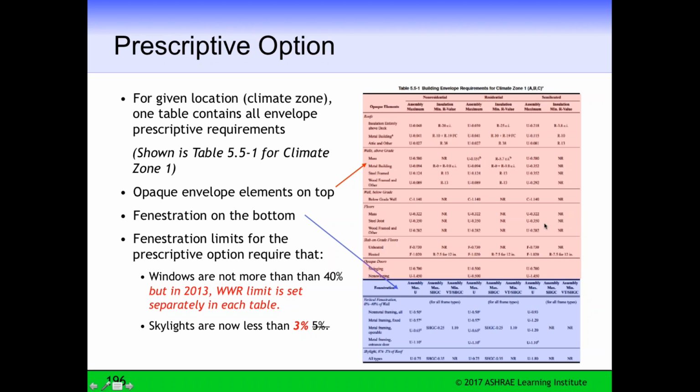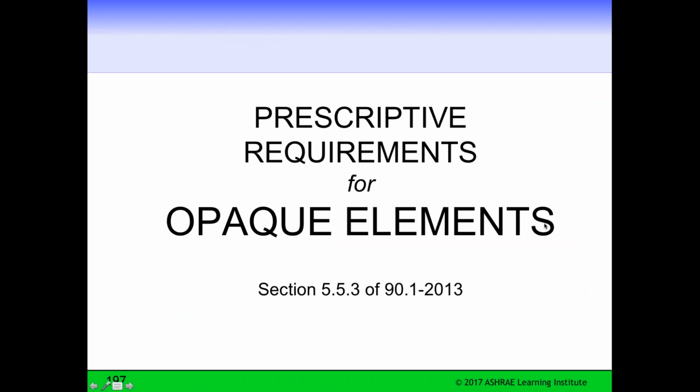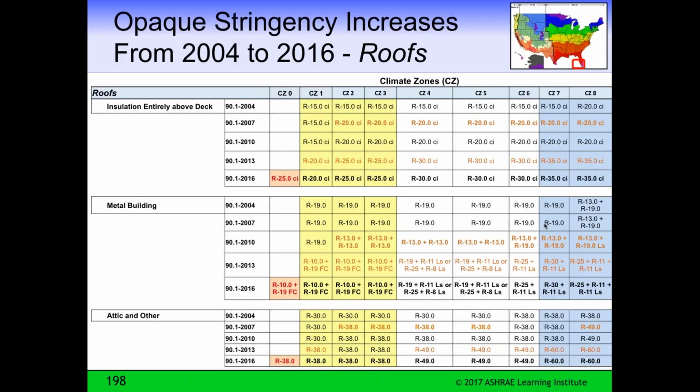So with that proviso, let's go on and look at prescriptive requirements for the opaque envelope. And you'll see up in the upper right for this slide that we're down in Florida and also southern Texas. And here we are in climate zone 1. But this shows you stringency requirements from 2004 to 2016. Ignore that it's just climate zone 1.